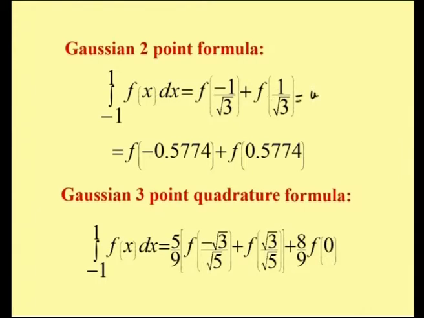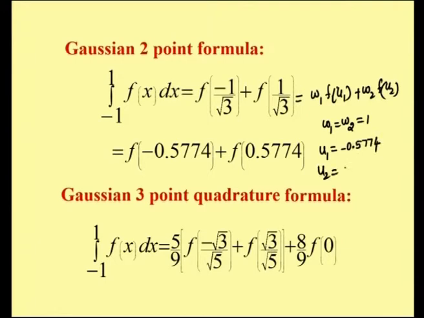You can express it in the form of w1 f of u1 plus w2 into f of u2. Here the weights are w1 is equal to w2 is equal to 1 and u1 is equal to minus 0.5774 and u2 is equal to plus 0.5774.